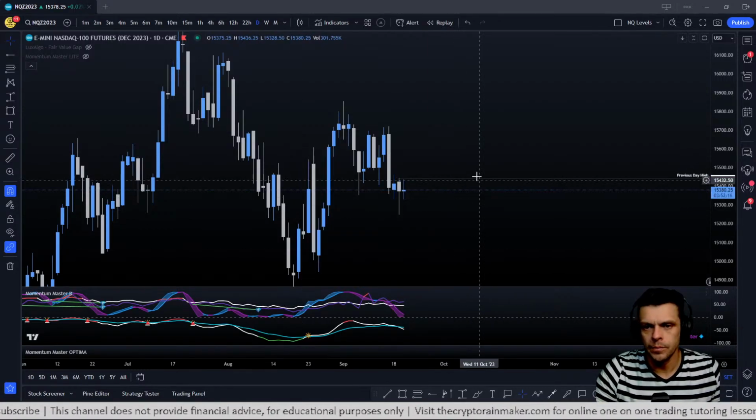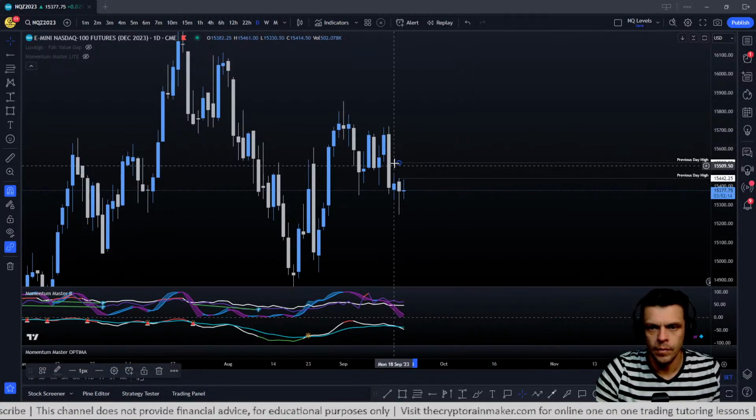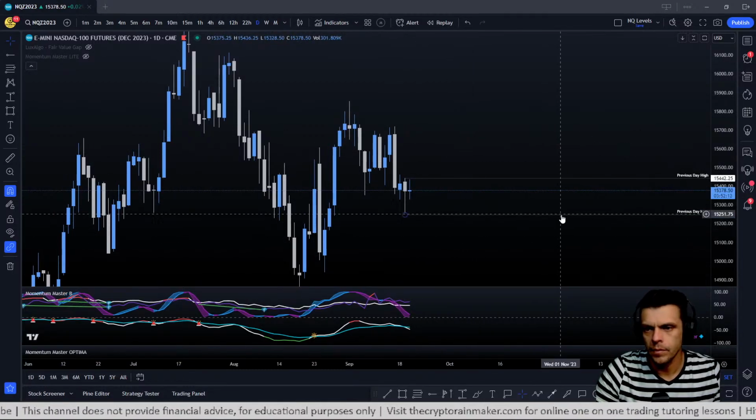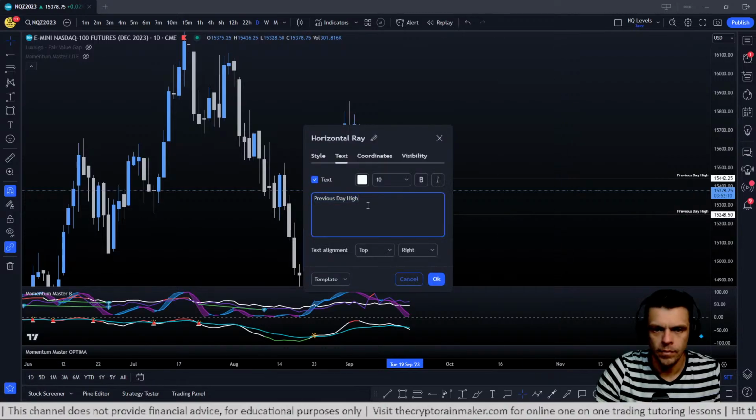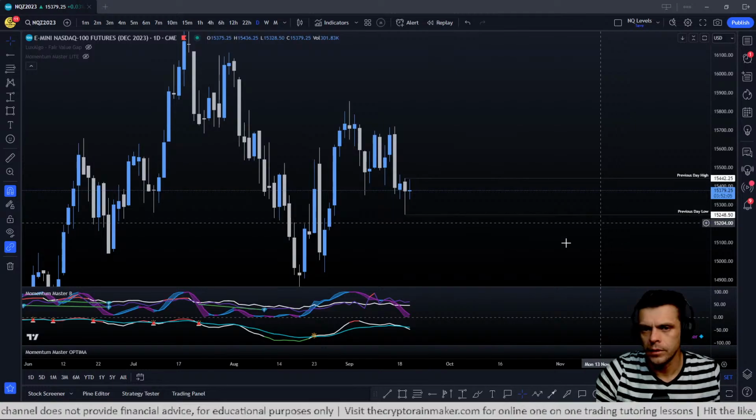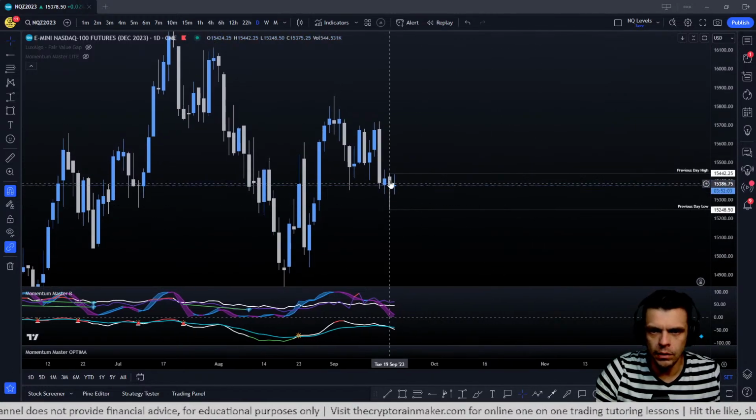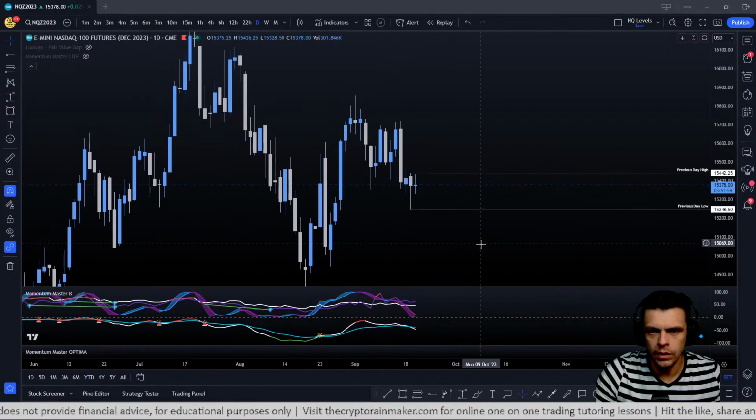Previous day high. Yeah, previous day low with a bit of a doji candle right now on the daily.